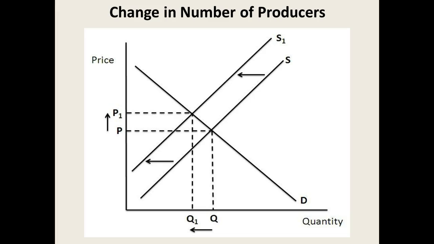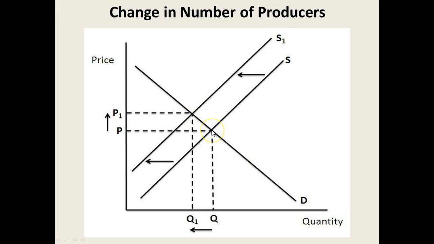Now, of course, that's going to have an impact on how much people are willing to pay to rent, and you'll notice that as the supply curve shifts to the left, we have moved up the demand curve. We've gone from point Q to Q1 and point P to P1, and so our market equilibrium now is where Q1 and P1 line up at demand curve D and supply curve S1.